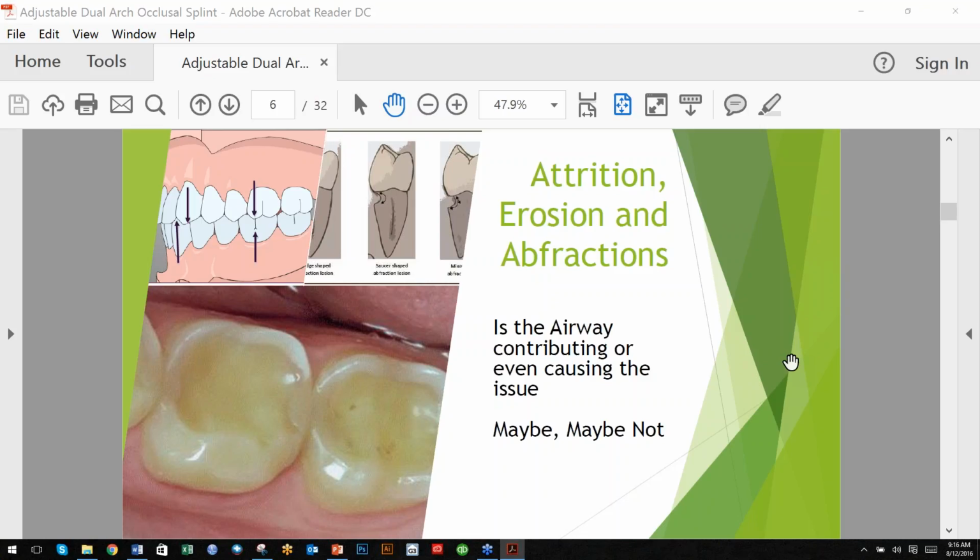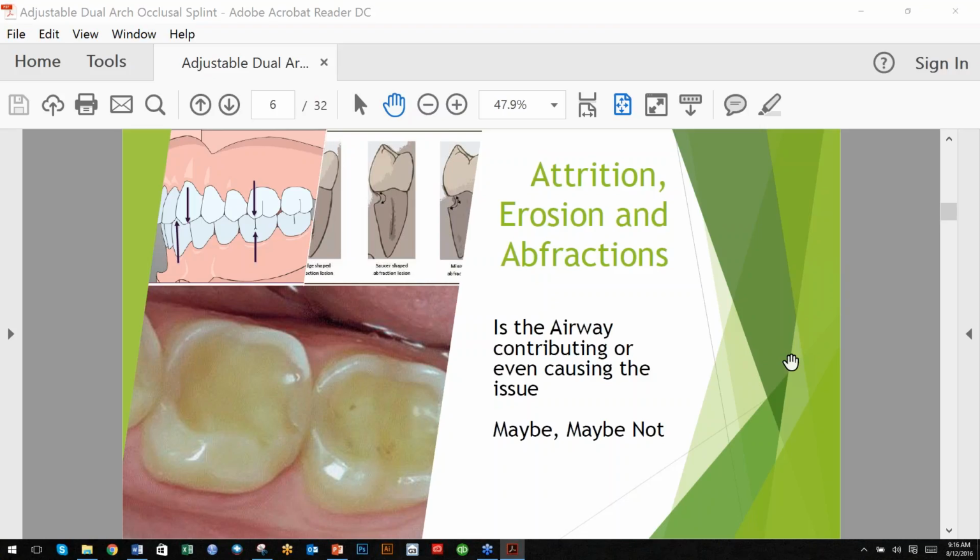And then there's chips and cracks, and those are pretty easy to figure out what that's from. That's from clenching and grinding, and where the teeth come together, there's malocclusion, or there's no centric relation, or for a variety of reasons, the enamel is getting chipped and cracked as a result of pressures likely from bruxism.